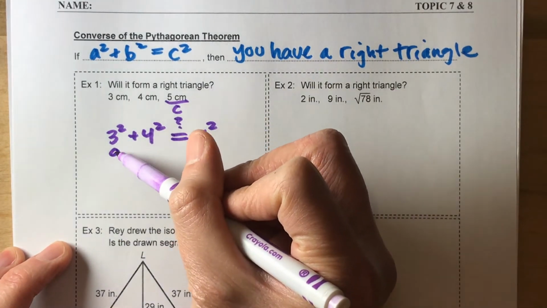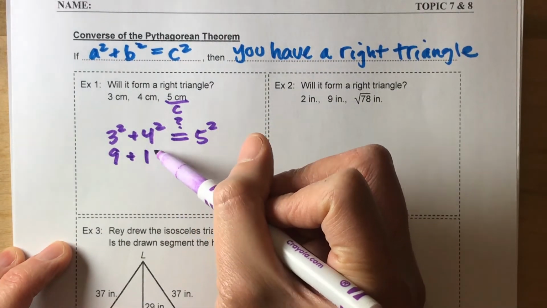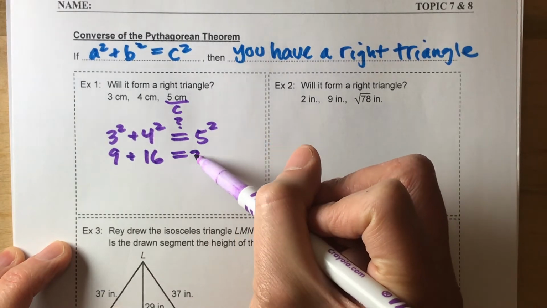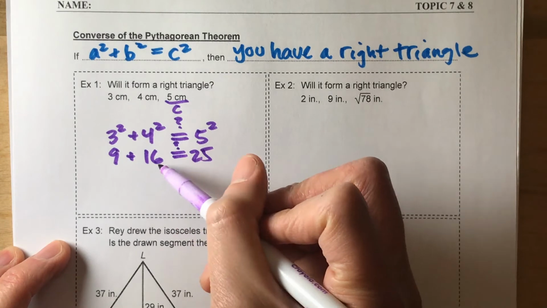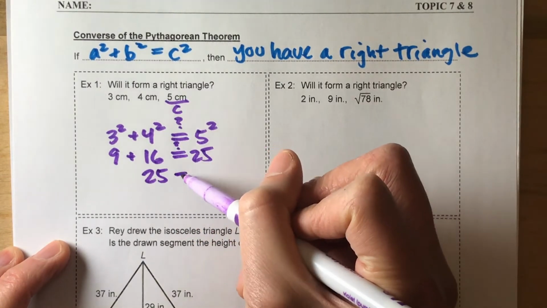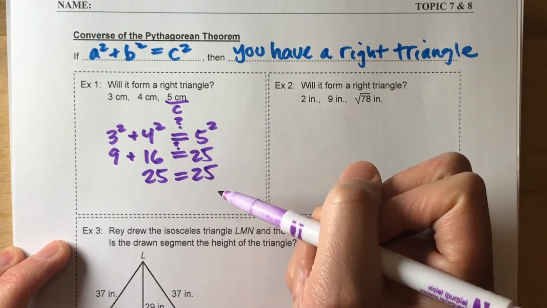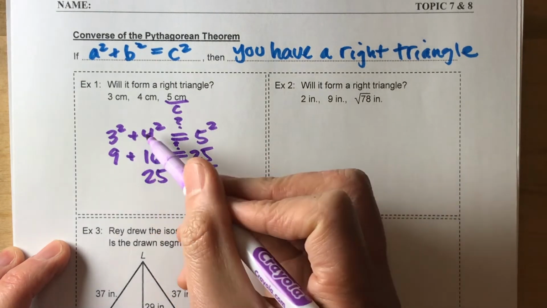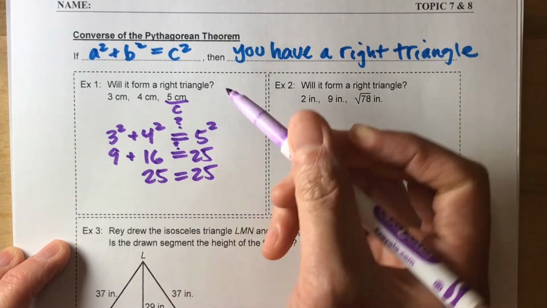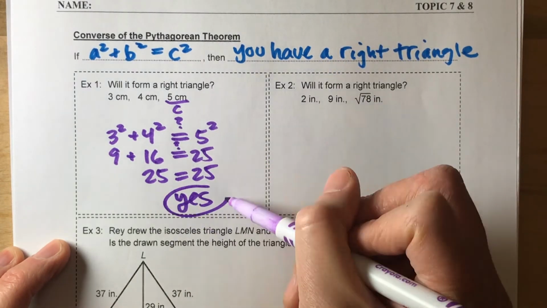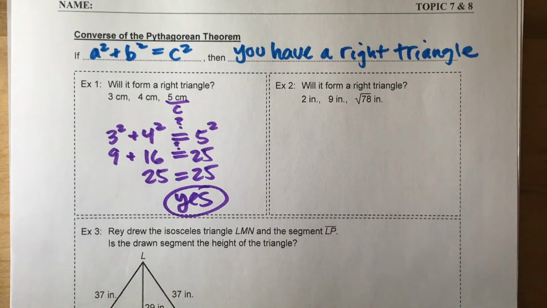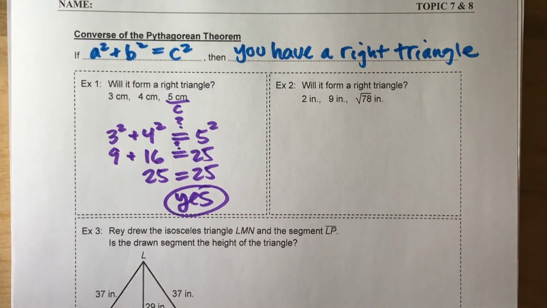Well, 3 squared is 9, 4 squared is 16, 5 squared is 25. 9 plus 16 is 25, and hey, it really does equal 25. a squared plus b squared really does equal c squared. So will those 3 sides form a right triangle? Yes, they will. We know that because a squared plus b squared equals c squared.